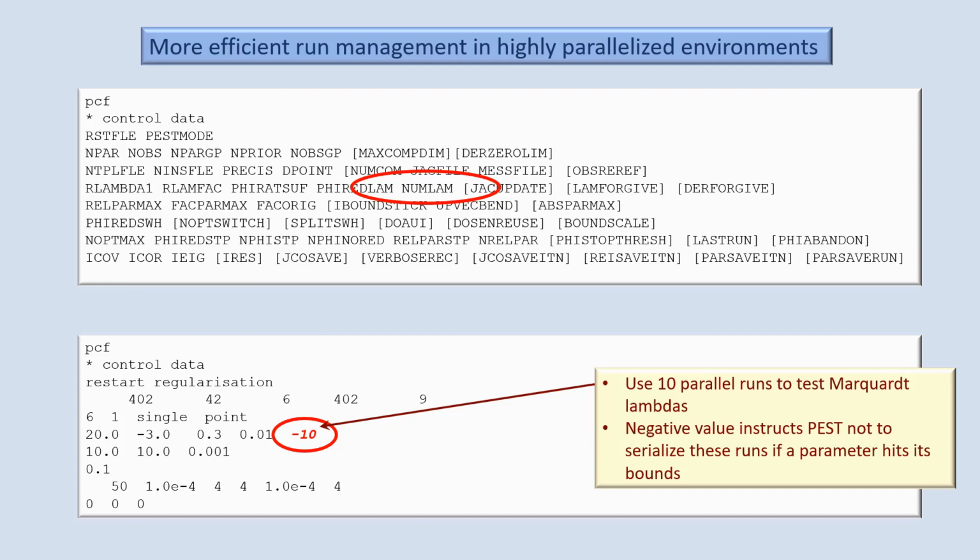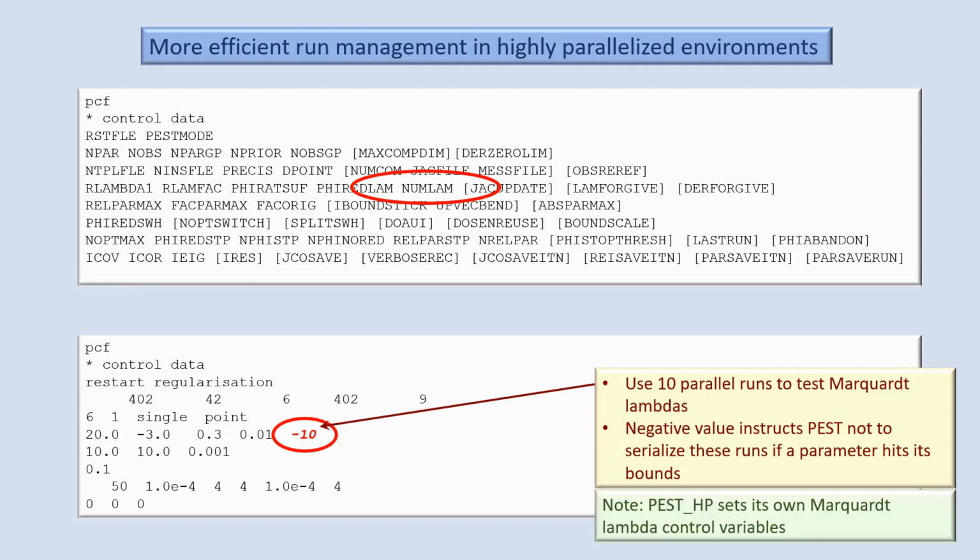This may reduce to some extent the efficacy of the parameter upgrade process, but in parallel environments it is far better to keep all processes busy than suddenly trip into a serial procedure which may or may not be more effective in lowering the objective function.